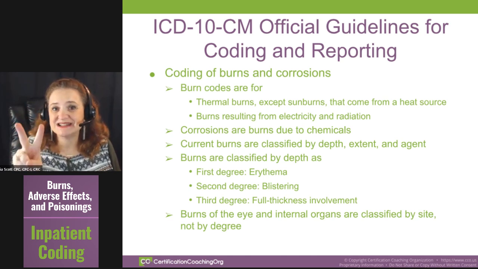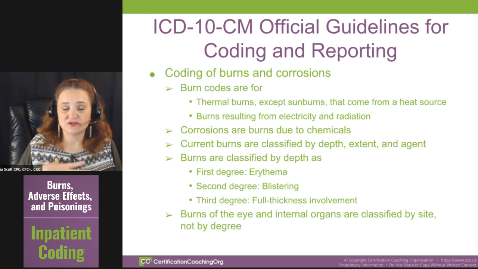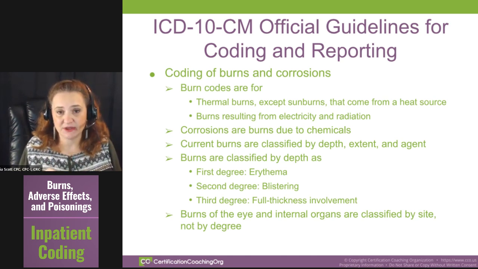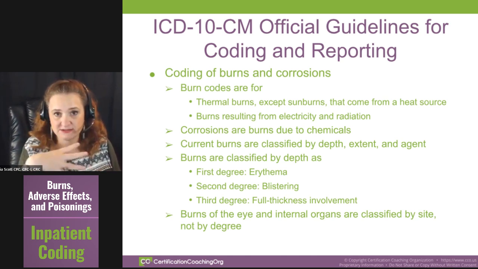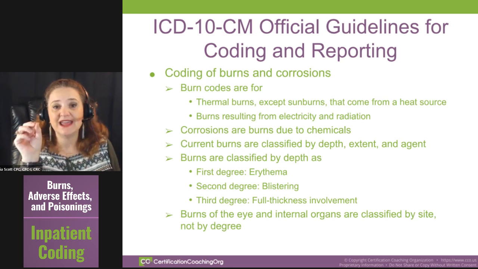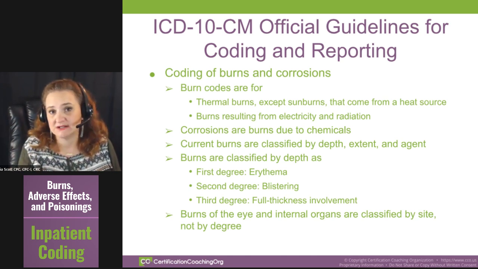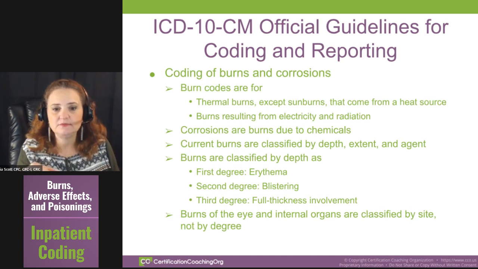Two, what's the extent of the burn, meaning how much of the body surface area, and that's something you want to memorize, body surface area, BSA is the way they'll abbreviate that, has been burned. And the agent, meaning was it a corrosion, was it bleach?